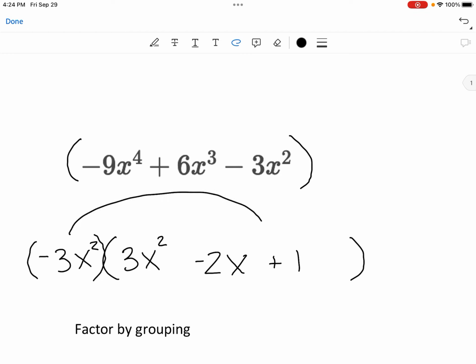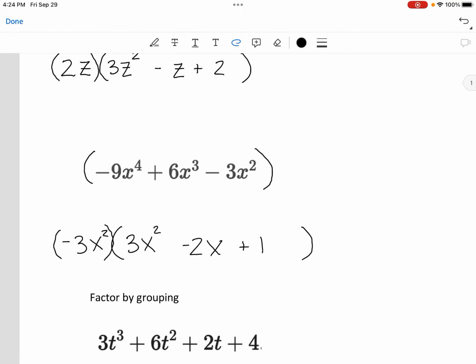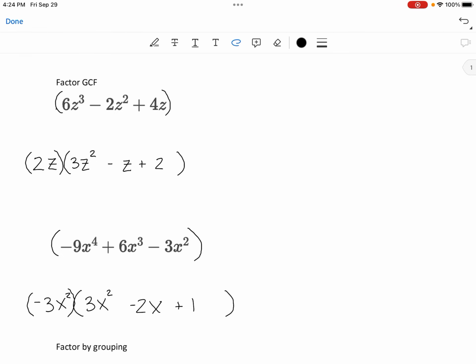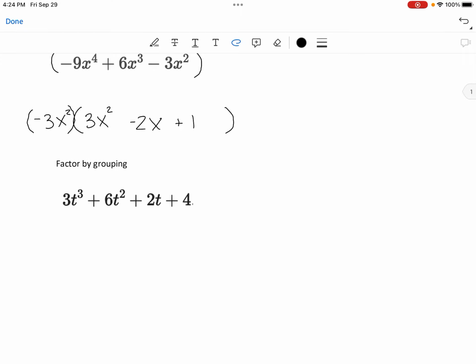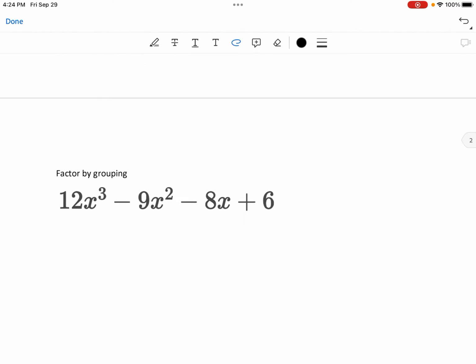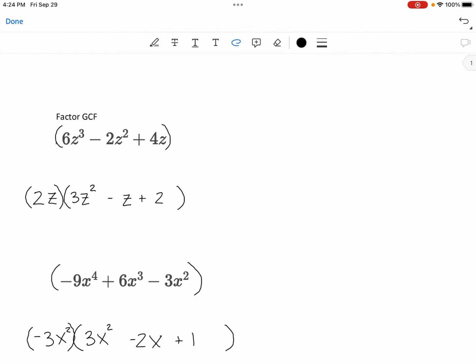And negative 3x squared, anything times 1 is still itself, so negative 3x squared. This would work. All right, so that would be the factorization for these first two if all we're trying to do is factor greatest common factor. There's still other things like factor by grouping, but I'll do that in another video, and factoring trinomials. But at least that's just some factoring by GCF.